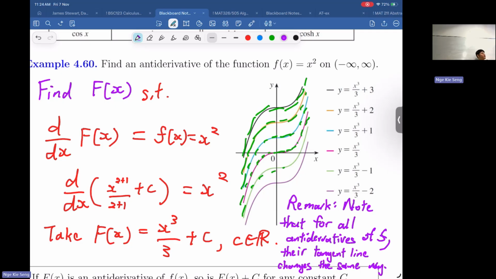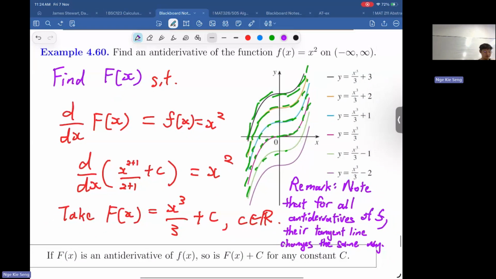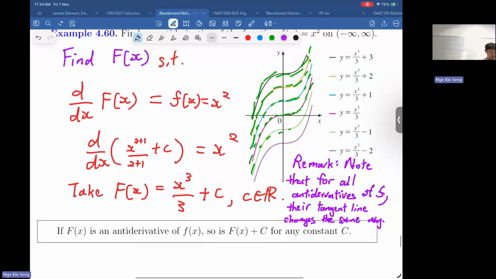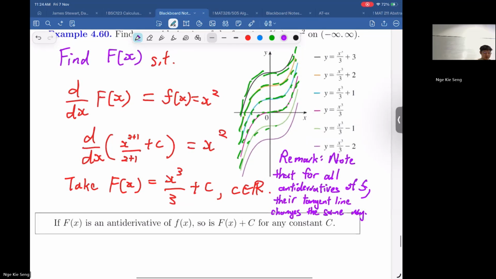So the derivative is the gradient of the tangent line. Obviously the tangent lines are different, because one is above and one is below, but their gradient is the same. The way they change is the same. Make sense? So there's one proposition here: if capital F(x) is an antiderivative of small f(x), then so is capital F(x) plus c, for any constant c, because when you differentiate c you get 0.